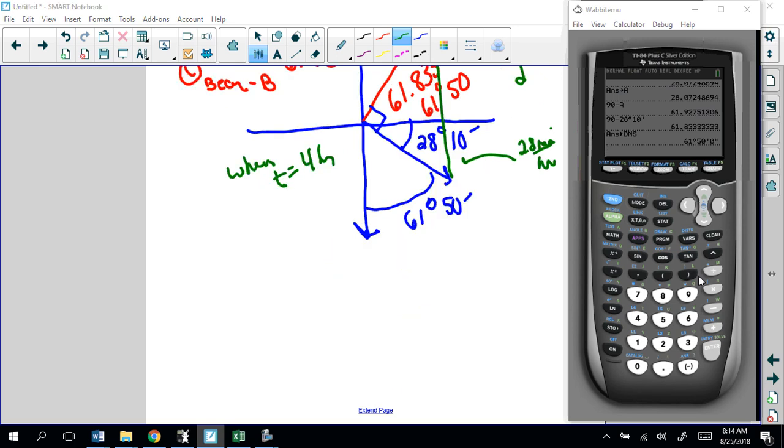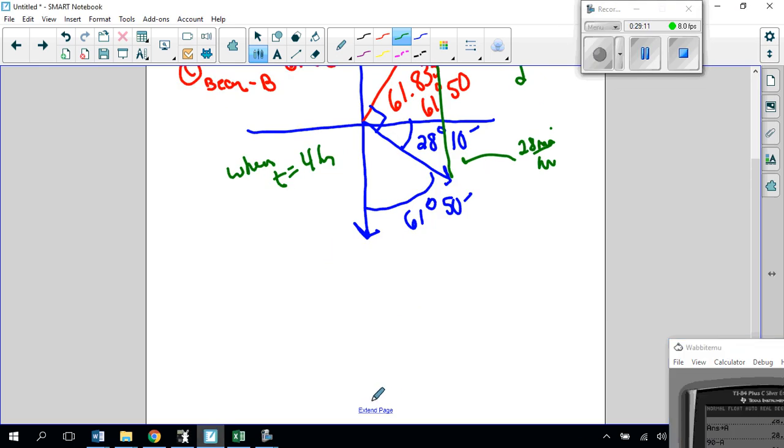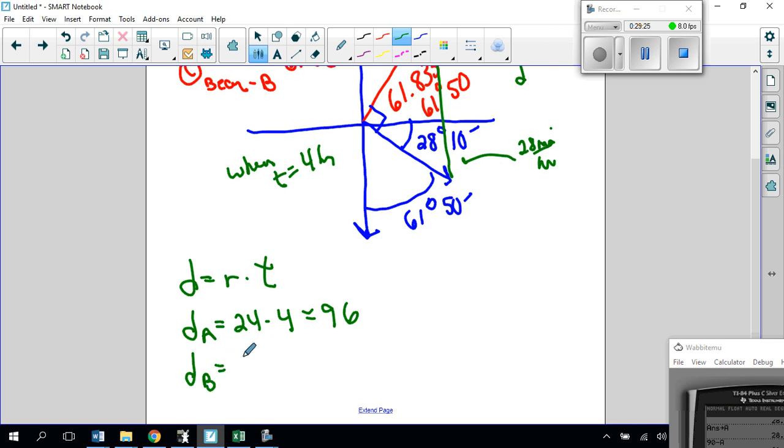So right away, I'm going right back to middle school. Distance equals rate times time. So distance for ship A equals 24 times 4, 96. Distance for ship B is 28 times 4, which is 108. And these are miles, and these are miles.